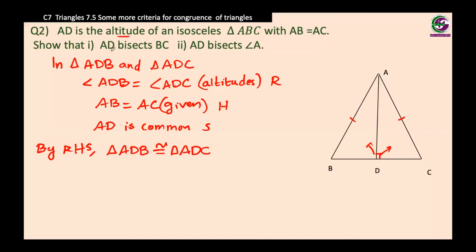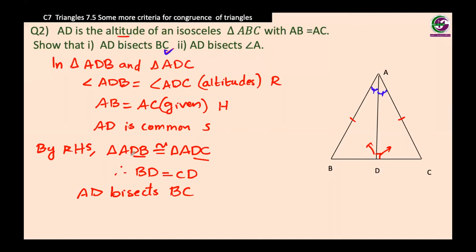From here, it's clear that BD is equal to DC. So therefore, BD is equal to CD, which means AD bisects BC. That was the first part. Next, we have to prove AD bisects angle A, which means just to show that these two angles are equal.